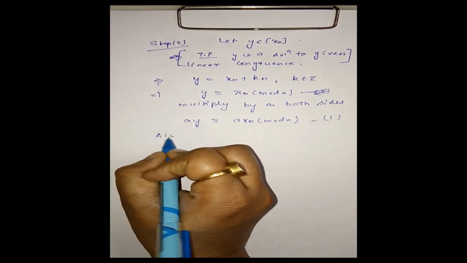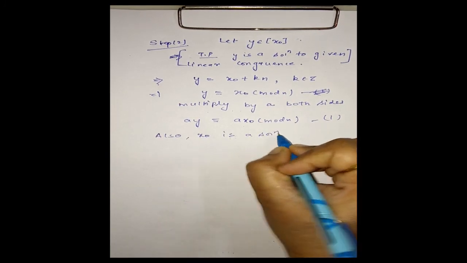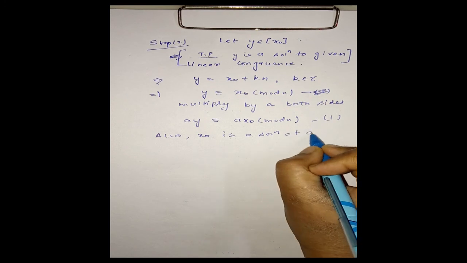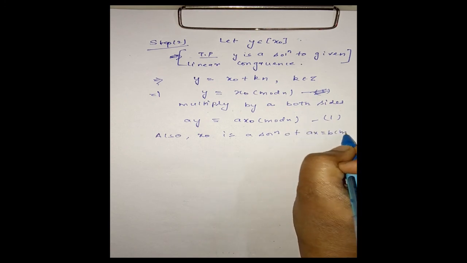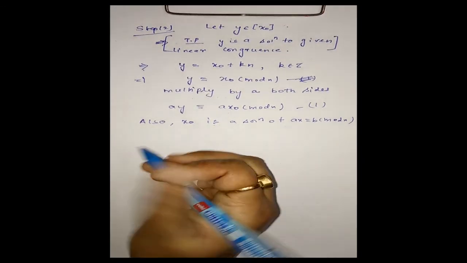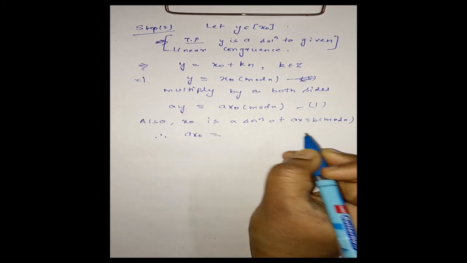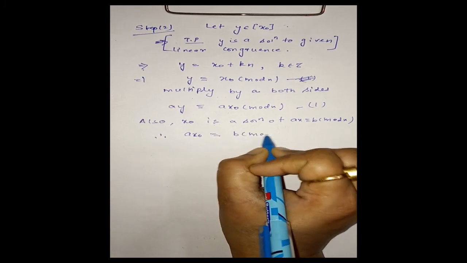Also, it is given that x naught is a solution of ax congruent to b modulo n. X naught is a solution. Therefore, we have ax naught is congruent to b modulo n.